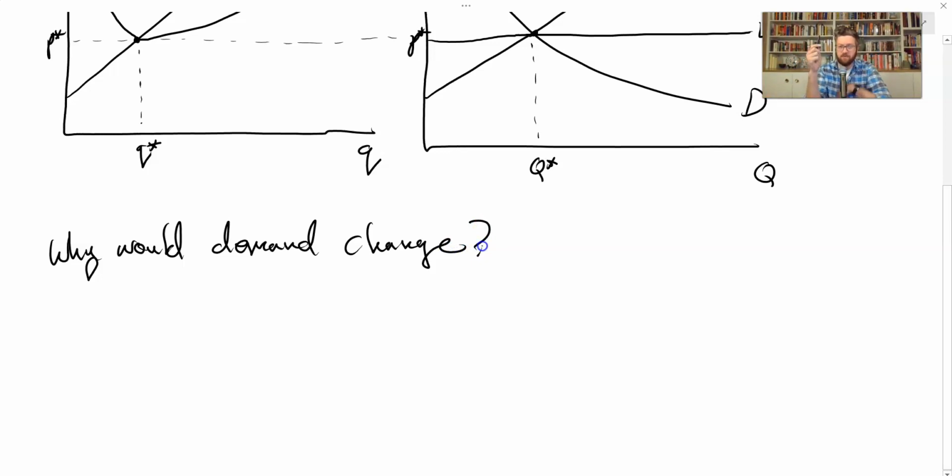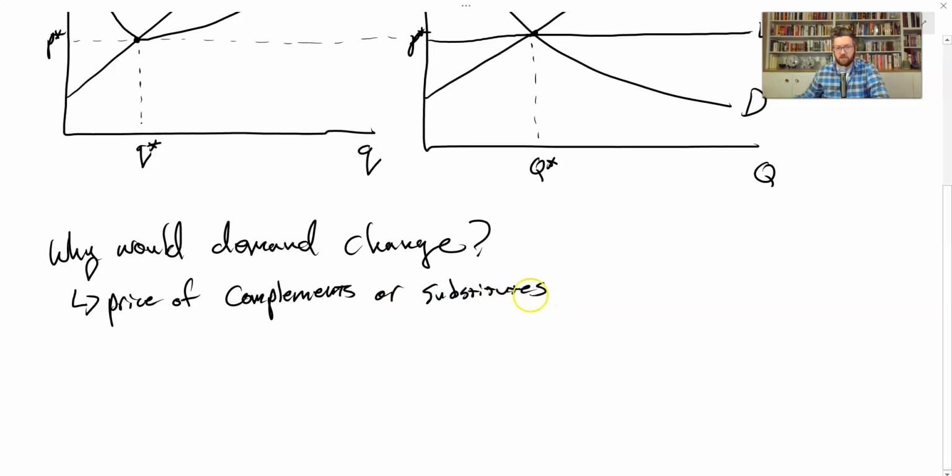But since we've gone through the exercise of deriving the demand curve from individual people, we know that a lot of other factors determine the quantity demanded. And if any of those other factors change, we express that in our graph by moving the curve, okay? So, for example, if the price of goods that are complements or substitutes change, it will change demand.